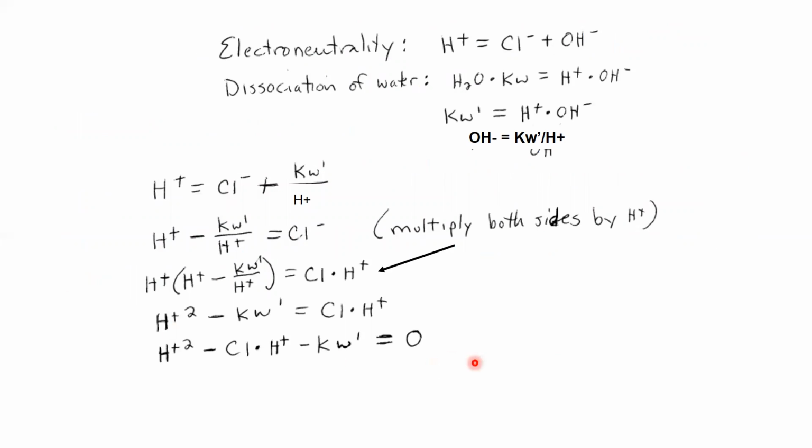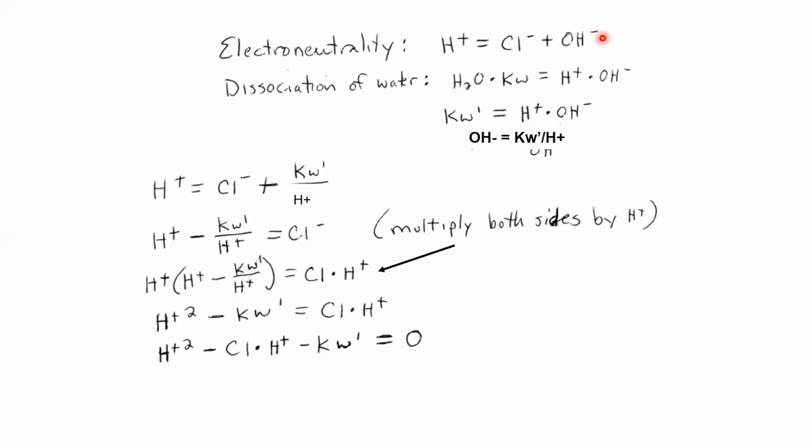And here is the equation. The equation for electroneutrality is H plus equals the concentration of the negative ions, which is chloride and hydroxide ion.